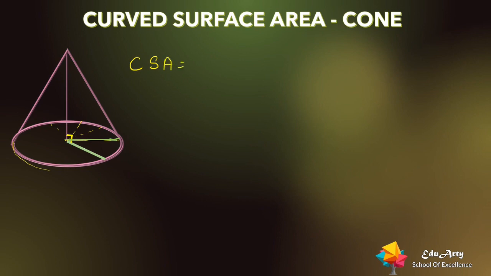Curved surface area of a cone is equal to pi r L. Pi value is something which will be given sometimes, or we can say pi has two values. All of us know this. So we have the pi value, it can be 22/7 or 3.14.